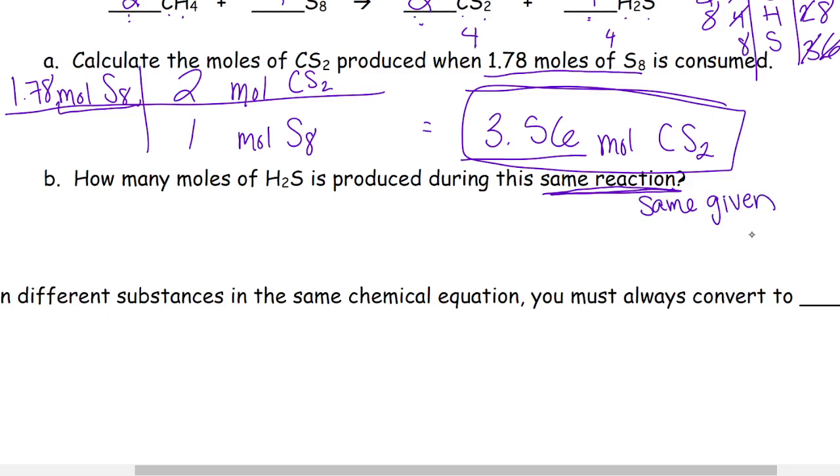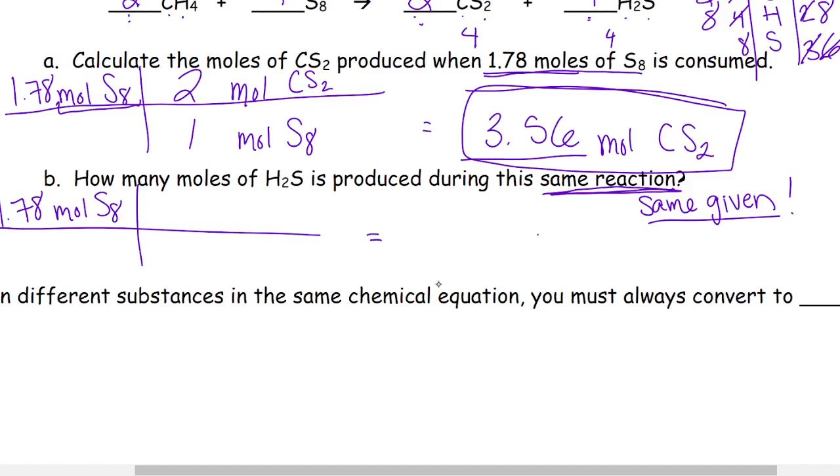If it tells you same reaction, that tells me you're using the same given information. So if I have 1.78 moles of S8, because that was my given previously, we follow the exact same process. What is this question actually asking us for? H2S. Perfect. Moles of H2S.